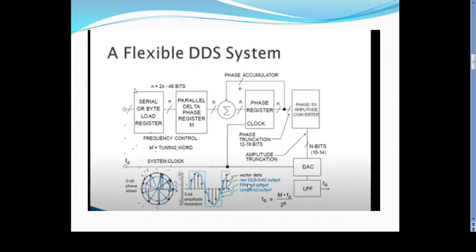So vector delta, then the DAC, DDS, DAC output and filter output are shown. The output synthesized frequency is M times Fc divided by 2 raised to n, where 2 raised to n is the number of phase accumulator locations, and the output synthesized frequency or desired frequency is the output of the low pass filter.